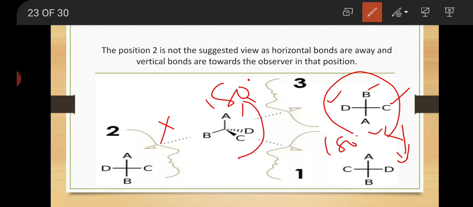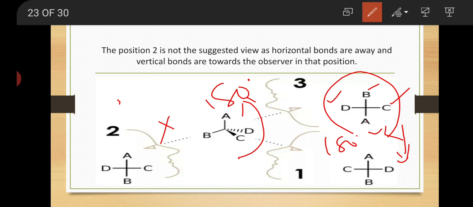But by watching the other position, the configuration is changing. A is top vertical, B is bottom vertical, C is right side and D is left side, which is opposite to the configuration.